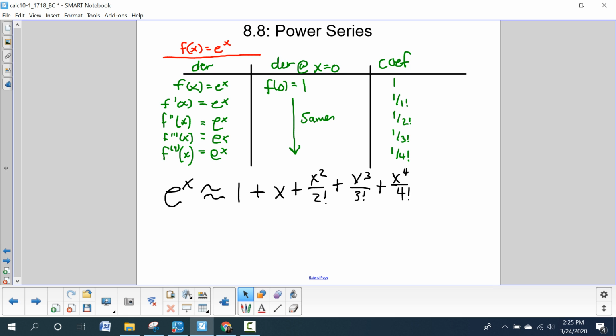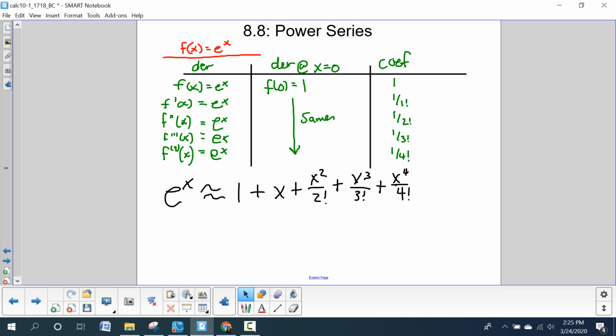Okay, so just to recap, what I've done here is I've already created a fourth degree Taylor approximation of e to the x, an approximation of e to the x with this fourth degree Taylor polynomial. Pretty easy to do with e to the x because it is its own derivative.